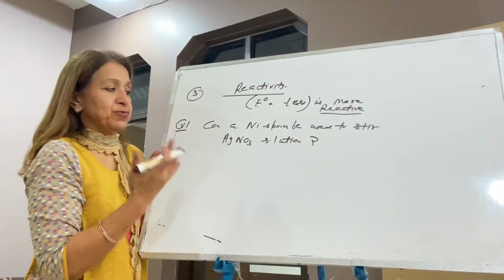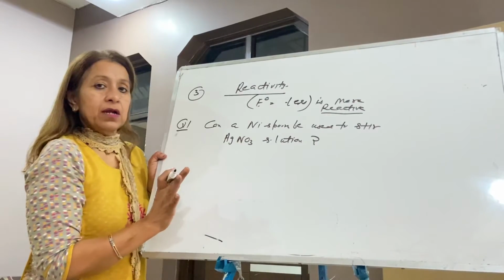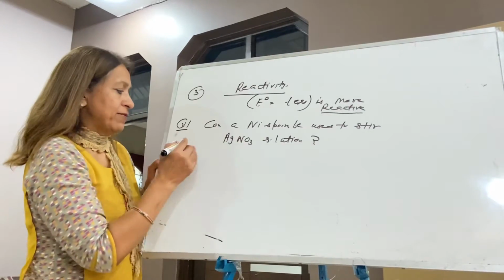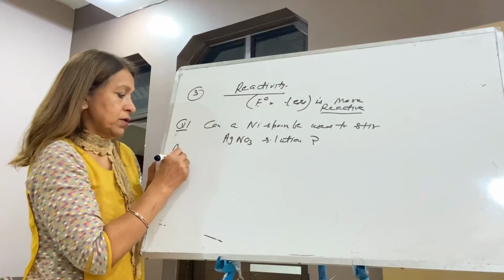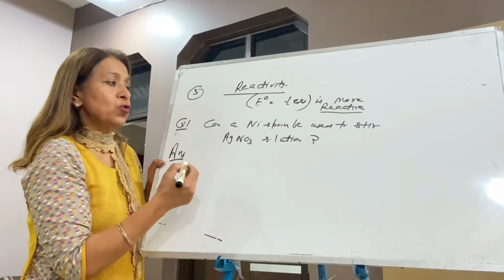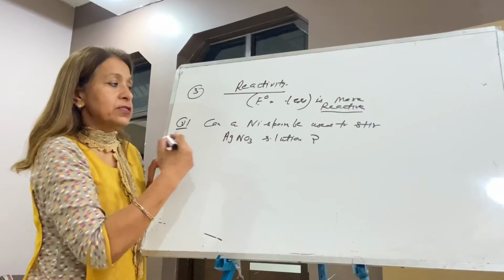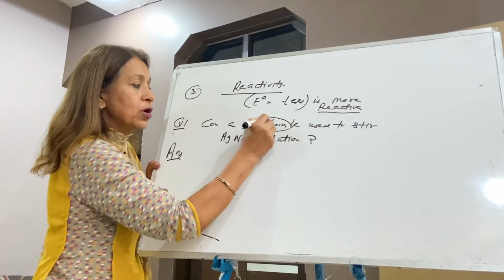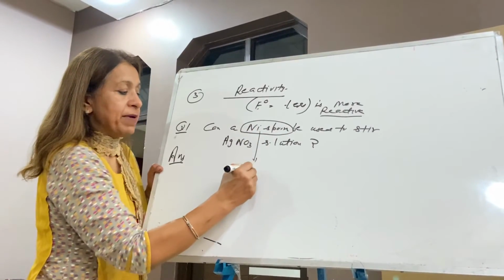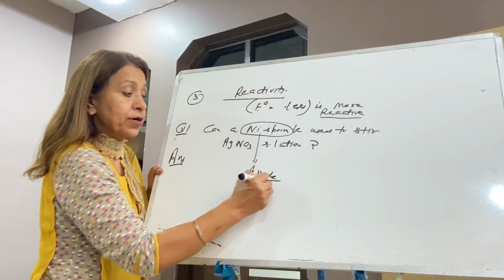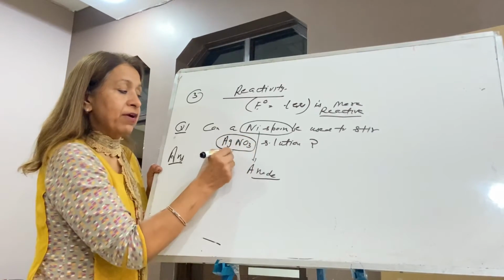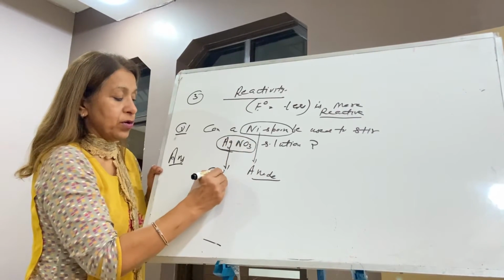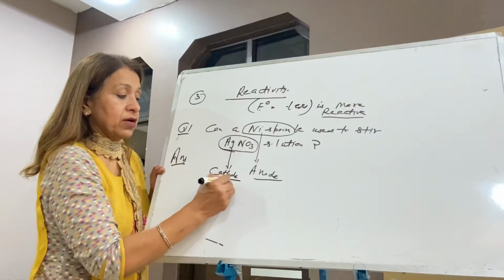This is based upon reactivity. Okay, let us start. Values I will tell you later on. Write the answer. Nickel spoon is a solid, and a solid thing is always the anode. Silver nitrate solution is the cathode because there are silver ions.